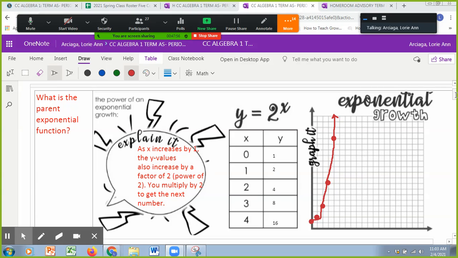I'm going to mention some of the power words from last semester. Is it discrete or continuous? Let me see if you guys remember that. You answer first, and then I'll explain the difference if you forgot. What's your pick?